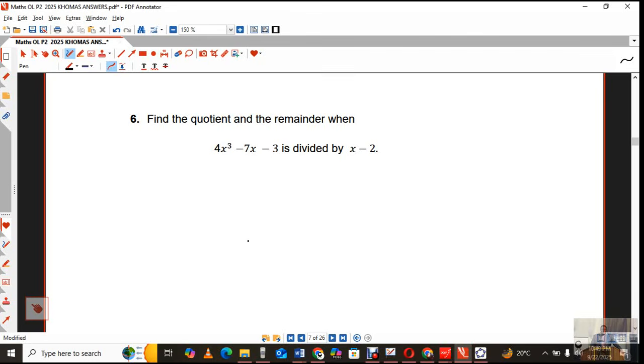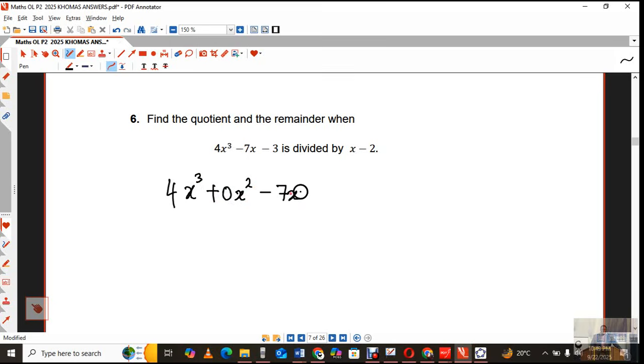It's totally up to you. If you were to use long division, there is a little issue. The issue is the x squared term is missing. So I'm just going to put 0x squared there just to be like a placeholder, okay?